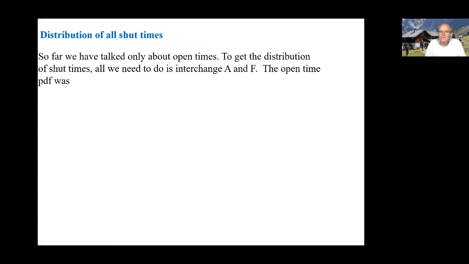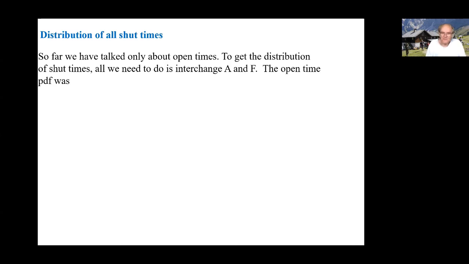Now, so far we've talked only about open times, but actually shut times will give you even more information about mechanisms. So what about the distribution of all shut times?